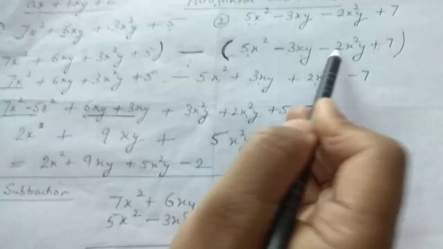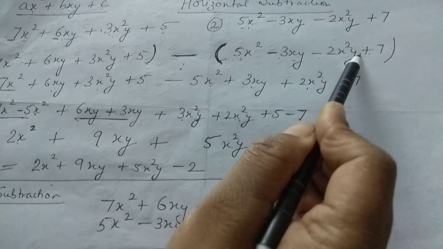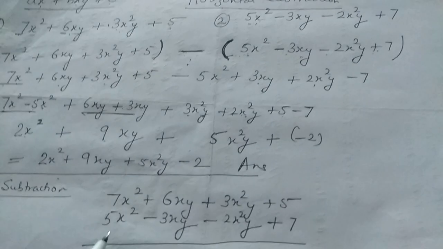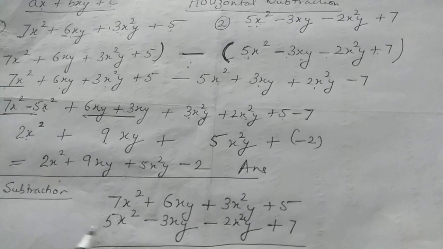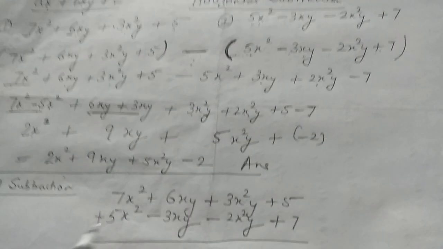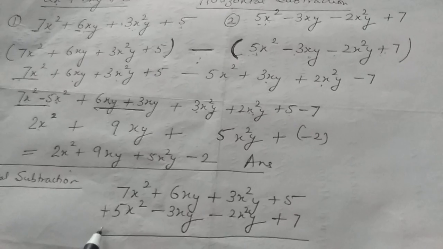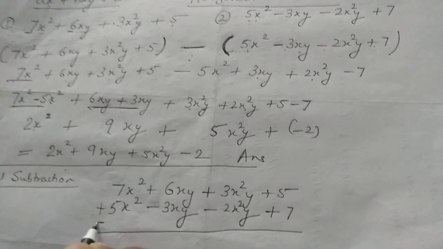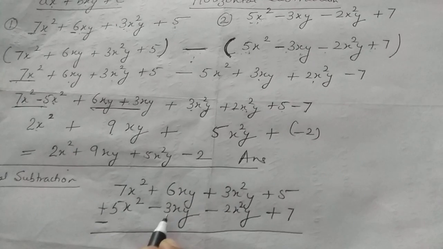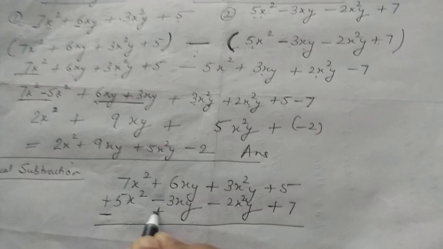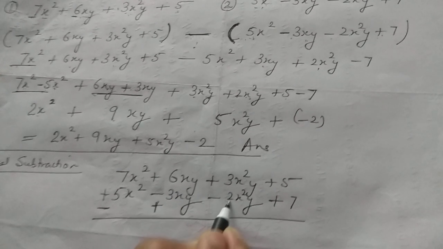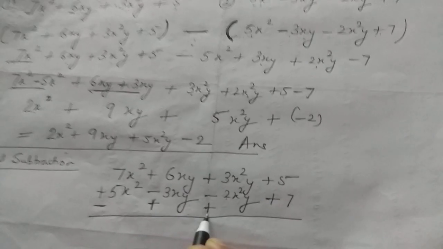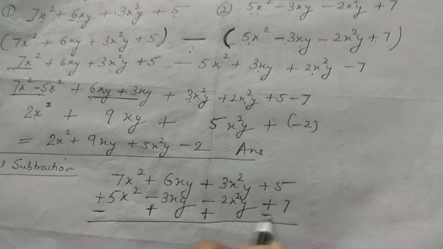So, the sign of the second algebraic expression was changed. Here also, the sign of the second algebraic expression will be changed. And we will work with the changed sign. So plus 5x square will become minus, and plus 3xy will become minus, and plus 2x square y will become minus, and plus 7 will become minus.